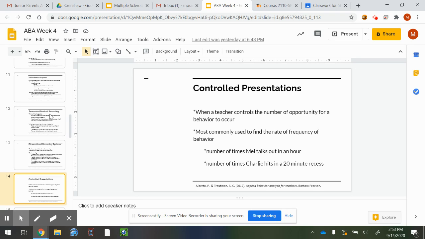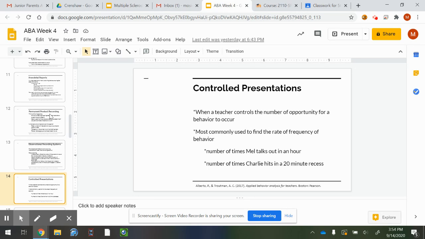Part of that are controlled presentations, and that is one way to collect data using observational recording systems. Controlled presentations are when a teacher controls the number of opportunities for behavior to occur. It's most commonly used to find the rate or frequency of a behavior. Some examples here: if we were trying to find the number of times Mel talks out in an hour, or the number of times Charlie hits in a 20-minute recess.